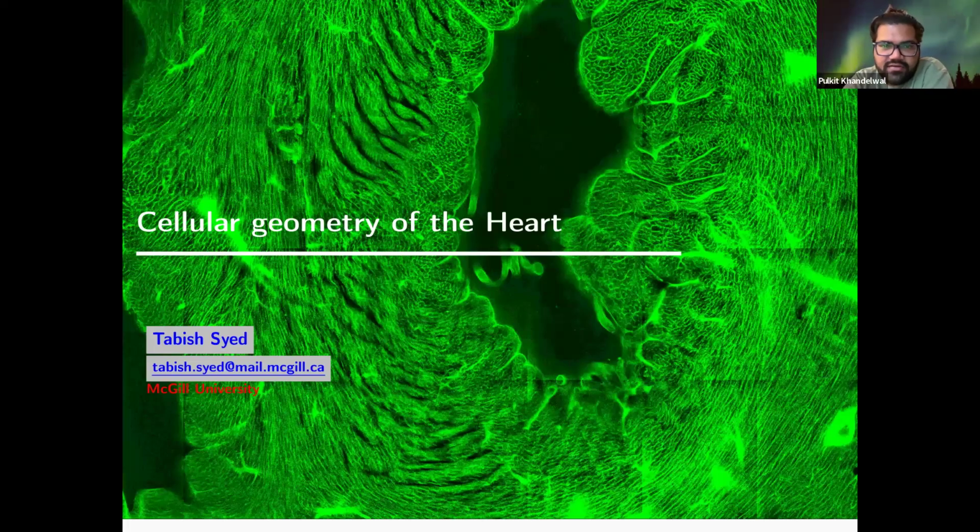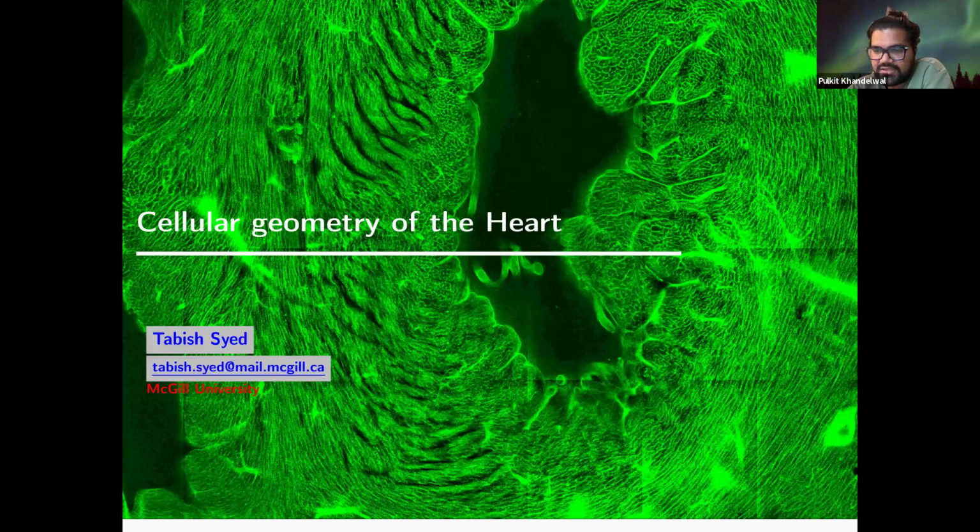Today we have Tabish with us, who is going to talk about his PhD work on cellular geometry of the heart. So, that will be a lot of shape analysis. Tabish is a postdoctoral fellow at the Center for Research in Neuroscience at McGill University Health Center.